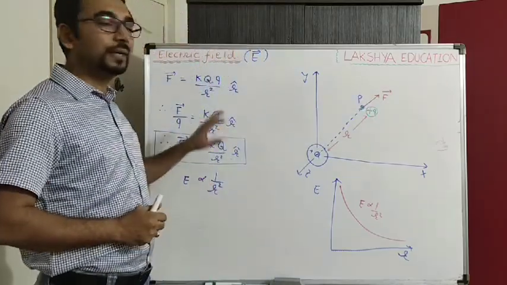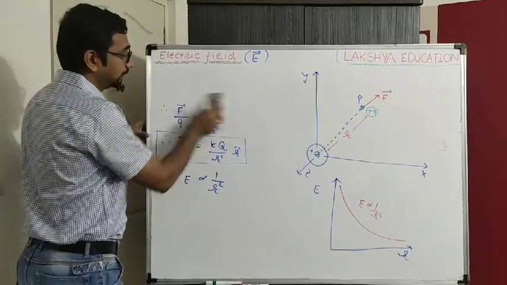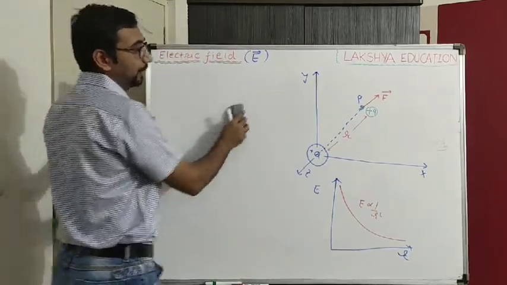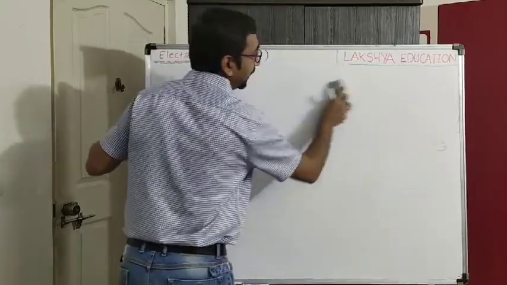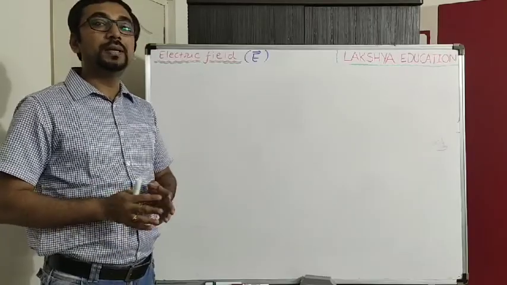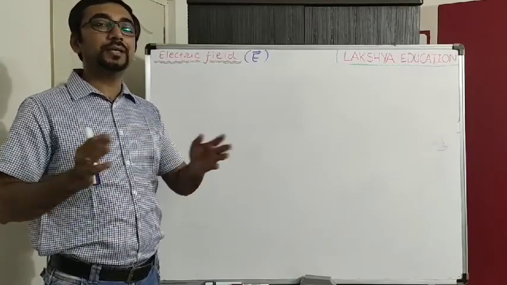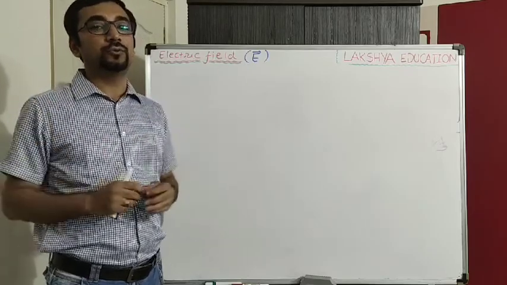So this was about the electric field produced by one point charge. Similarly, we can also find the electric field due to a system of charged particles, that means multiple charged particles. Multiple charged particles can be arranged in two ways. One, they are in continuous form.